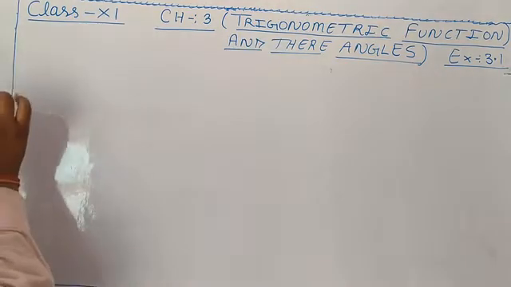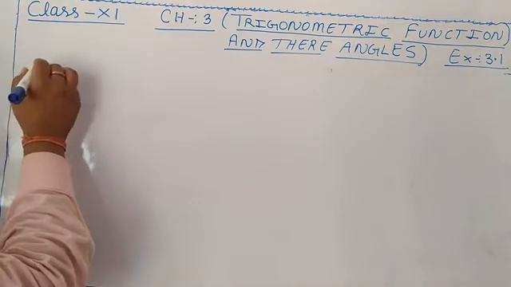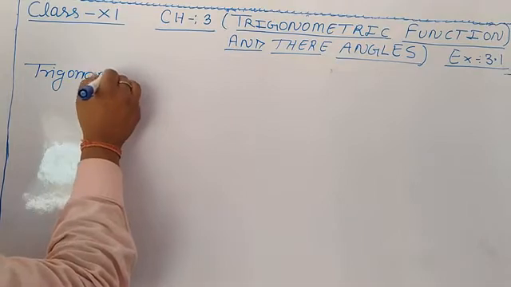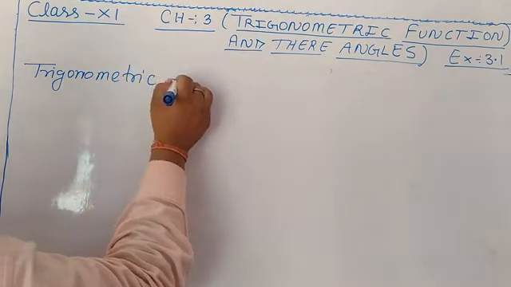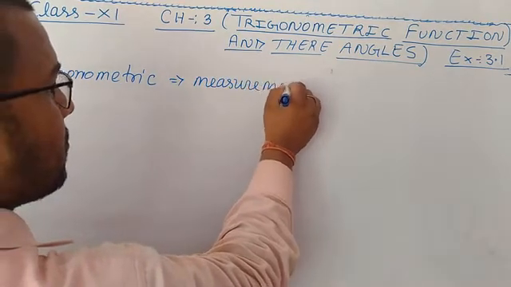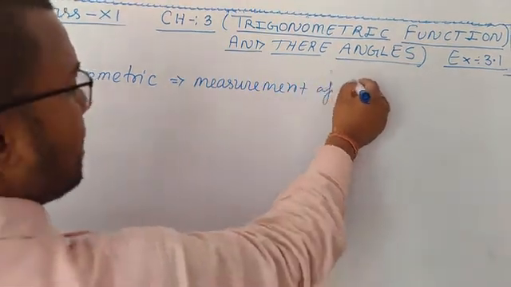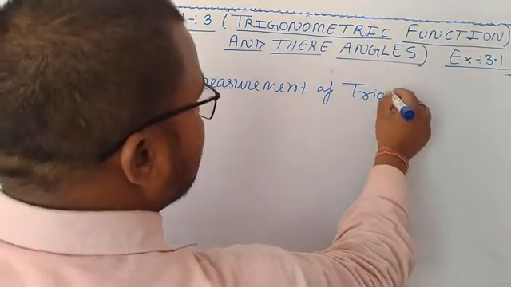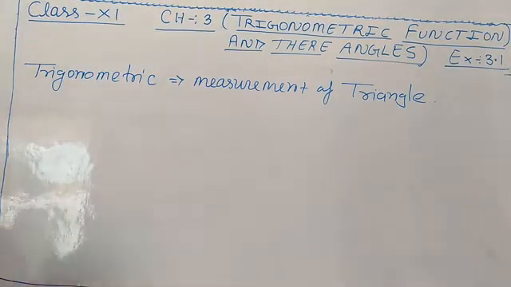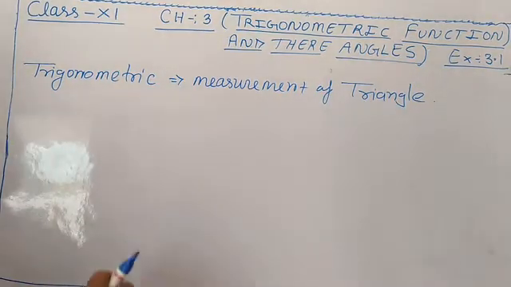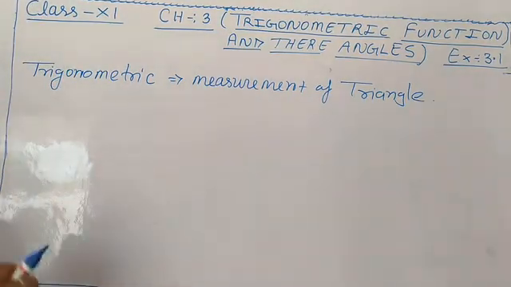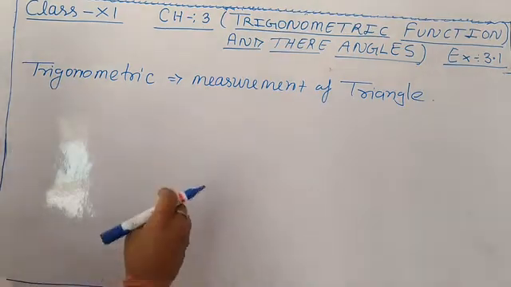Okay students, first of all, define trigonometry. What is trigonometry? Trigonometry means measurement of a triangle. Measurement of a triangle in the form of angles.